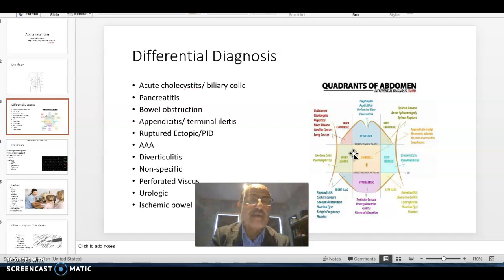Mesenteric lymphadenitis, Meckel's diverticulitis, or appendicitis can be the cause, and so on. Ruptured abdominal aortic aneurysm: the pain could be non-specific. The pain could be caused by a perforated viscus, and that can be anything. The most common perforated viscus, if it happens spontaneously, we know is a peptic ulcer or perforated diverticulitis.